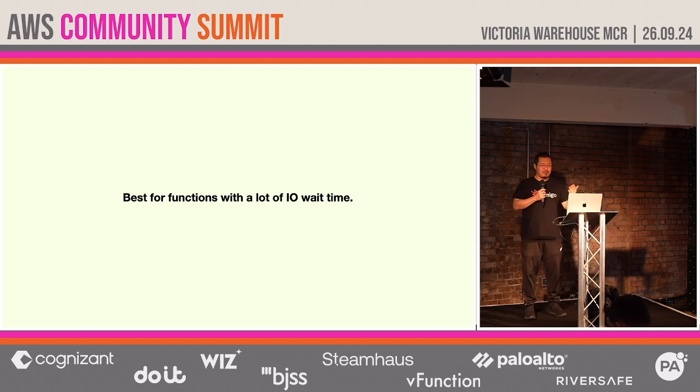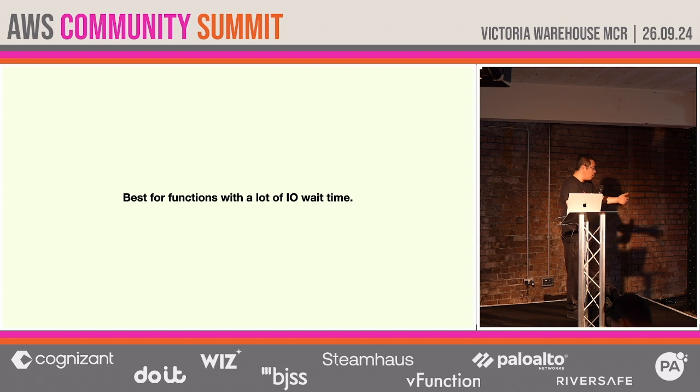I guess that's okay in 2024. But yeah, when you've got functions that spend a lot of time just waiting, so you're spending money on idle I/O time, then ARM is a really good way to save 25%, because I'm not doing anything with the CPU. I'm just waiting for Salesforce to call back. So it's much better to just save money by using ARM instead.